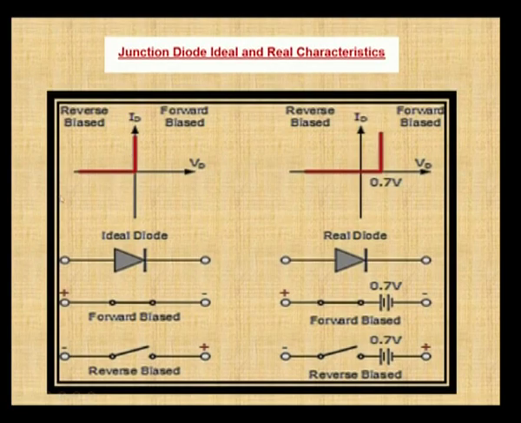That is shown here with the symbols and the graph. This is the ideal junction diode, and this is the characteristics for the real diode. The symbol is the same for both. For the real diode, we give the external voltage in forward bias condition and in the reverse bias condition also. For ideal, it is not the case.